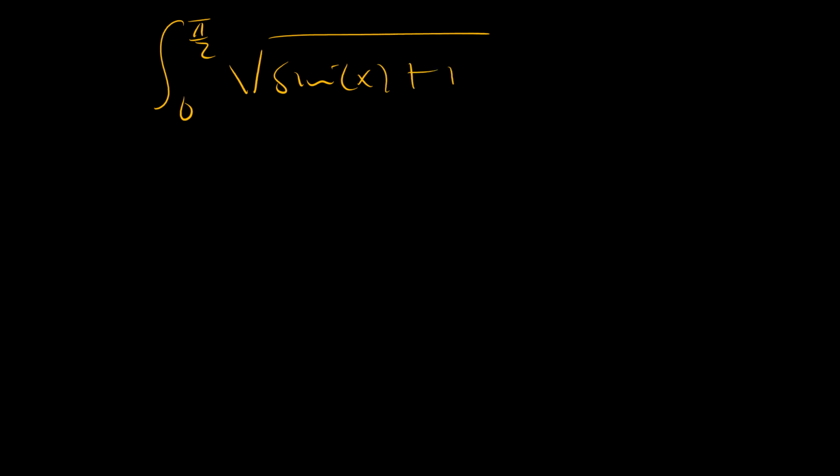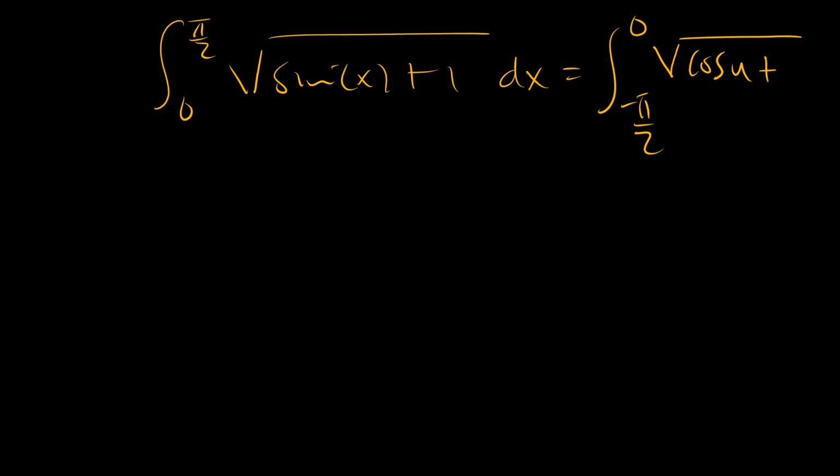So our problem becomes negative pi over 2 at the lower limit in the u domain to 0, square root of cosine u plus 1, and that is in the u space.